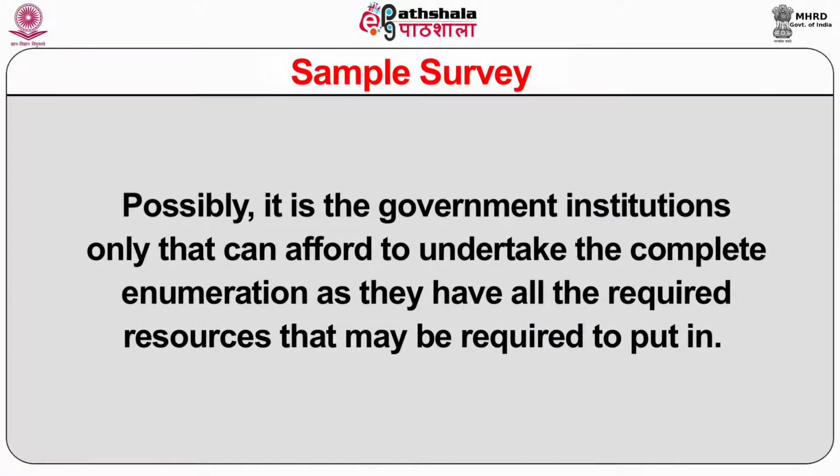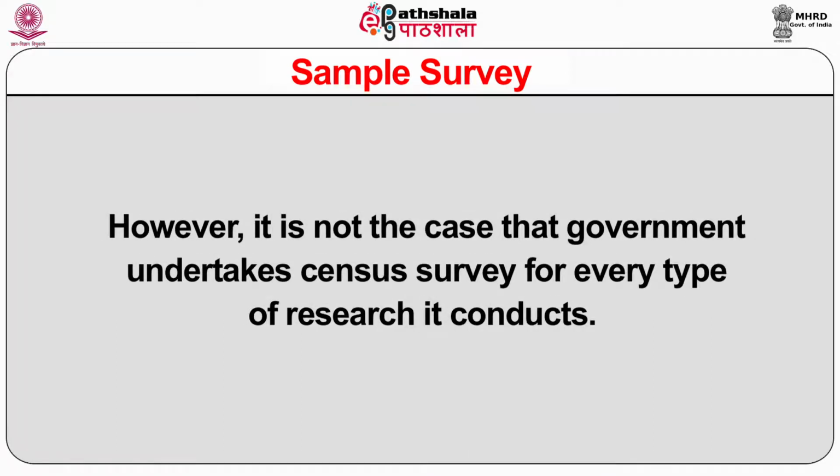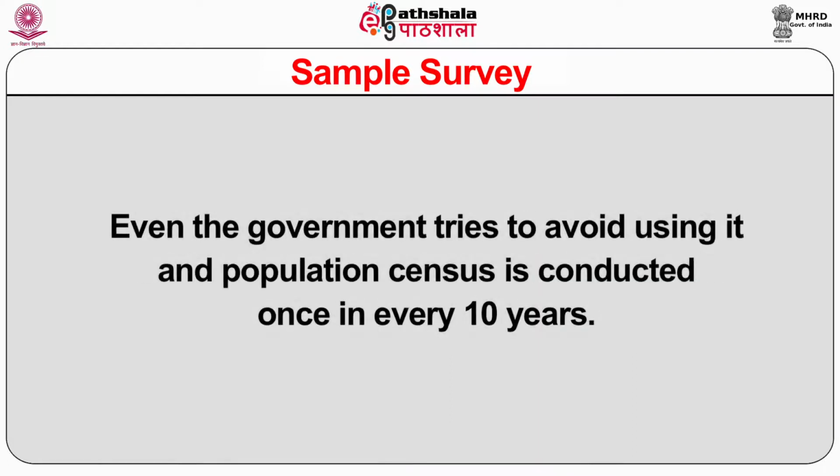Possibly, it is the government institutions only that can afford to undertake the complete enumeration, as they have all the required resources. However, it is not the case that government undertakes a census survey for every type of research it conducts. Even the government tries to avoid using it, and population census is conducted once in every 10 years.